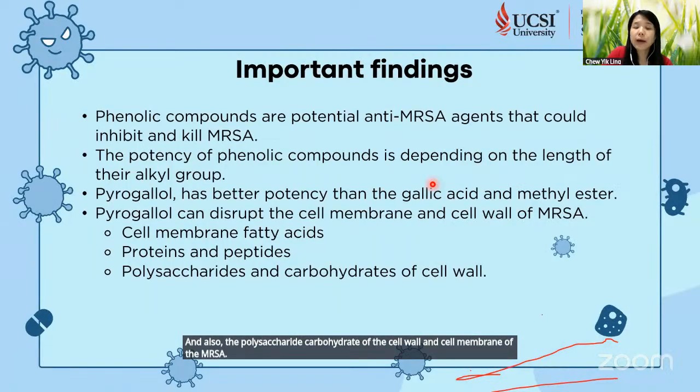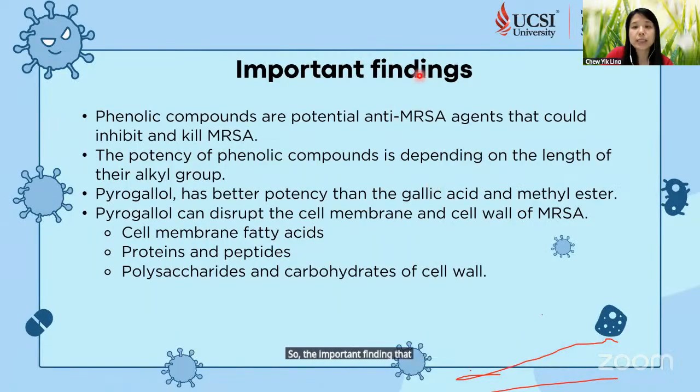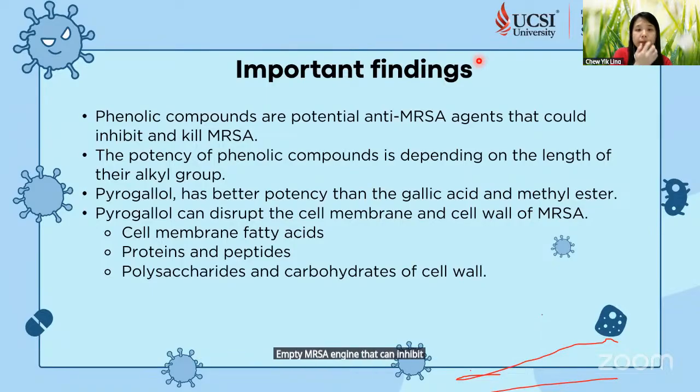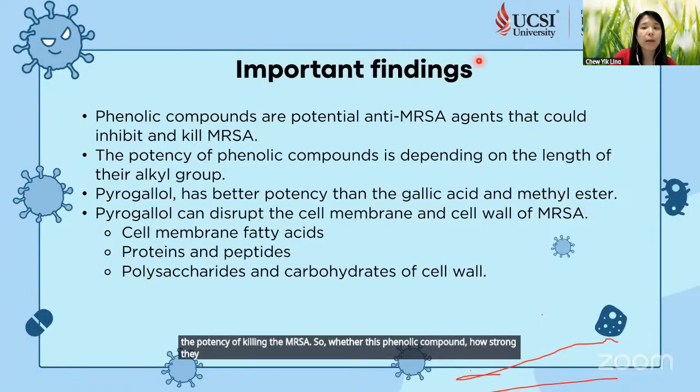The important finding that we have noticed from this study is that phenolic compound is a very good anti-MRSA agent that can inhibit and kill MRSA. How strong they are in killing the MRSA depends on the length of the alkyl group.